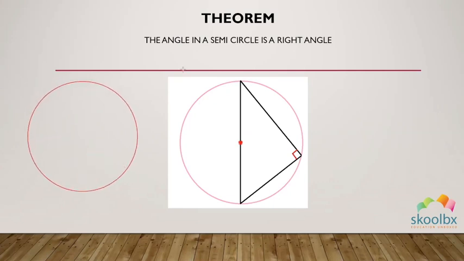Just again drawing the circle, drawing a diameter from here. And no matter where you draw it, even this little tiny line over here, if I were to join these two, that angle would still be 90 degrees.